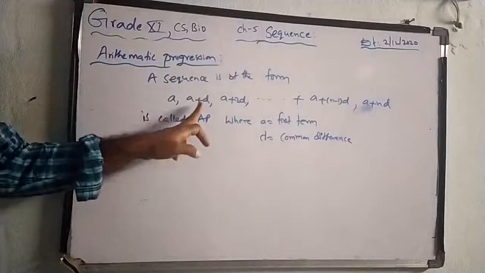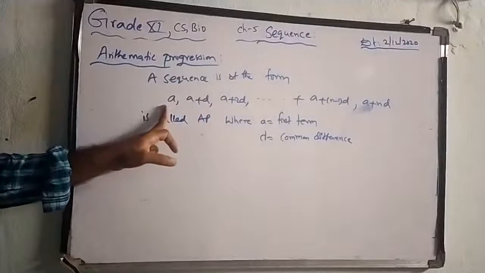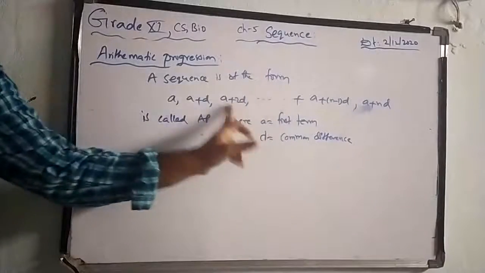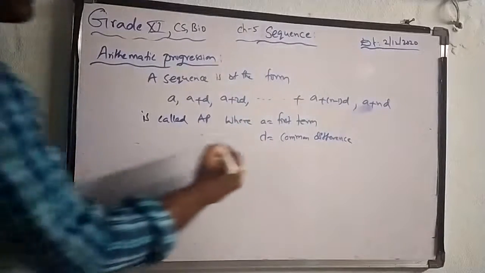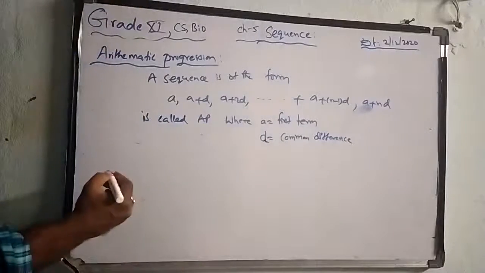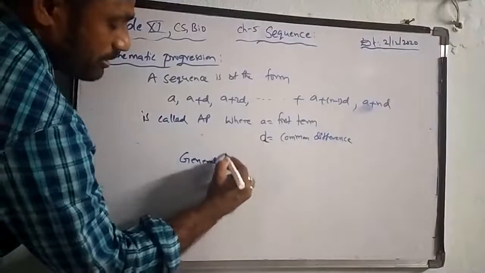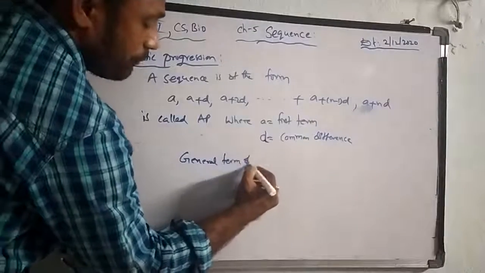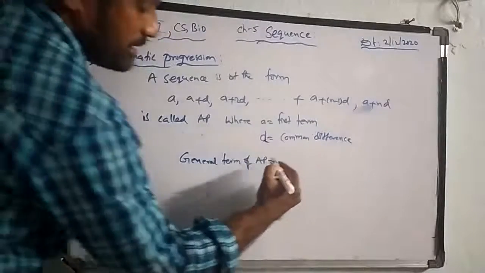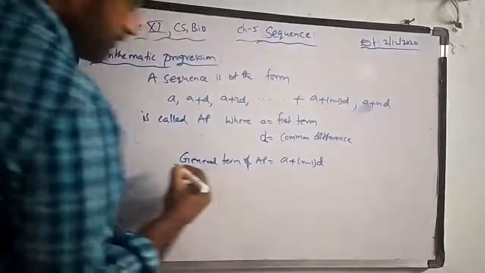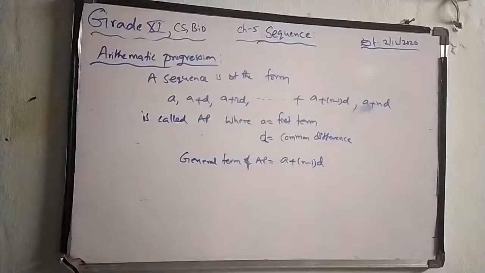By subtracting the first term from the second term, or the second term from the third term, or the third term from the fourth term. That we get as the common difference. So the general term of an arithmetic progression is given as a plus (n minus 1) into d. So this is about arithmetic progression.